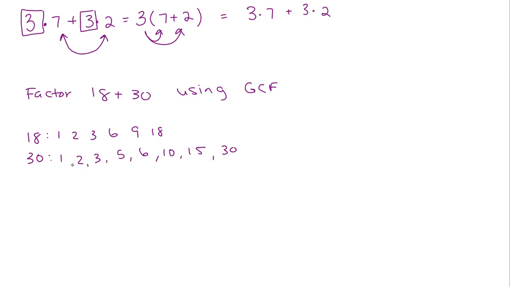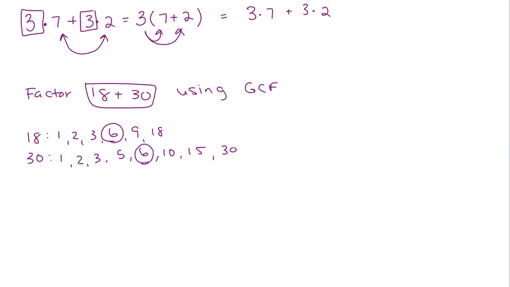Okay, so we're going to look for that greatest common factor. And I see here that our greatest common factor is 6. That means we're going to write each of these terms, 18 and 30, as a product of 6.